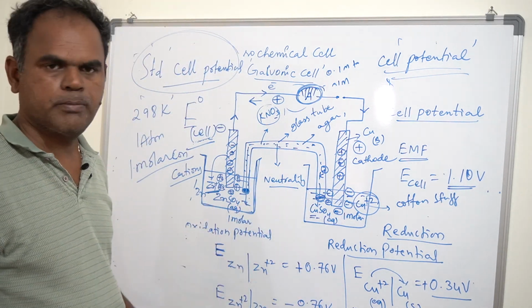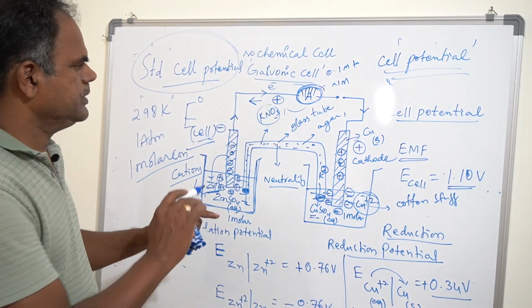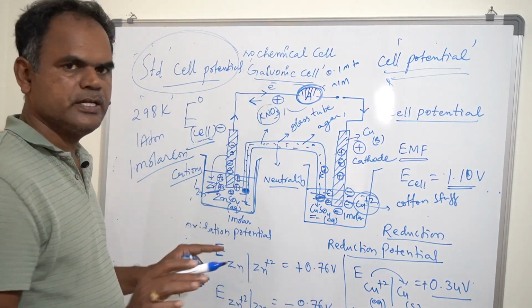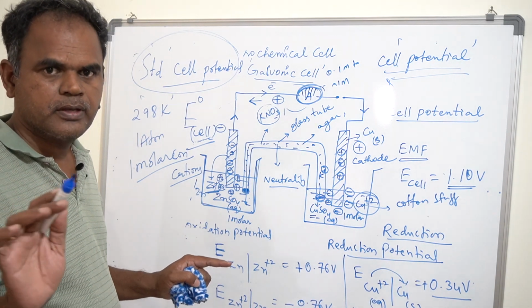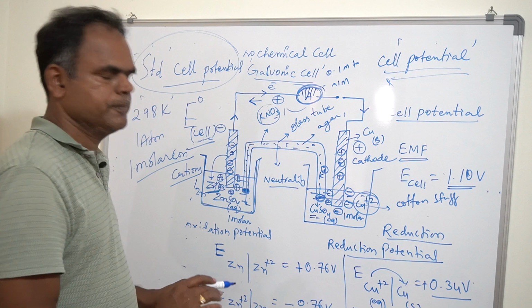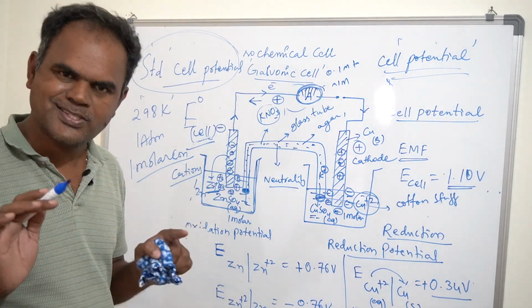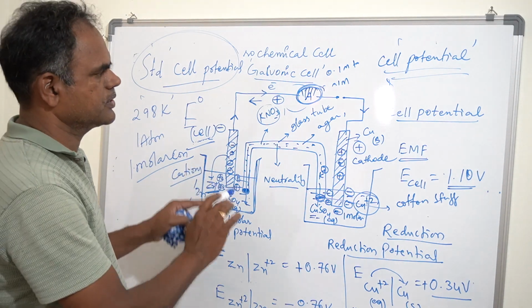Potassium ions combine with sulfate ions and neutralize. So electrical neutrality is maintained through the salt bridge. Equilibrium can be established by using the salt bridge, and the cell potential can be sustained for a long time because of it.